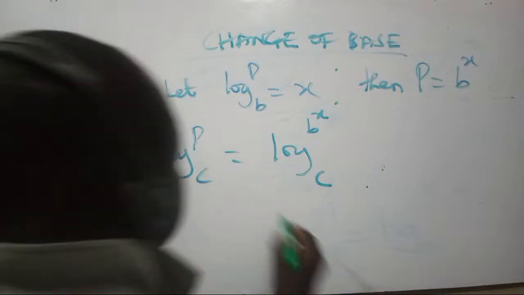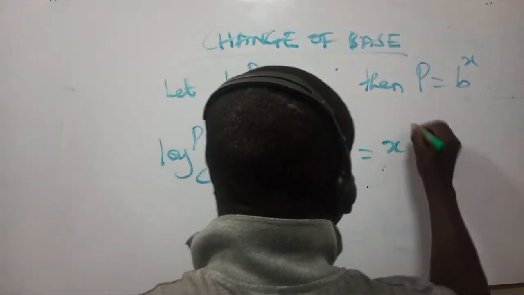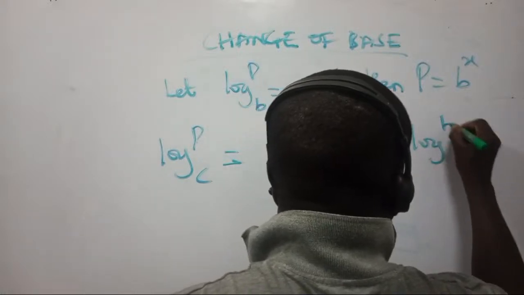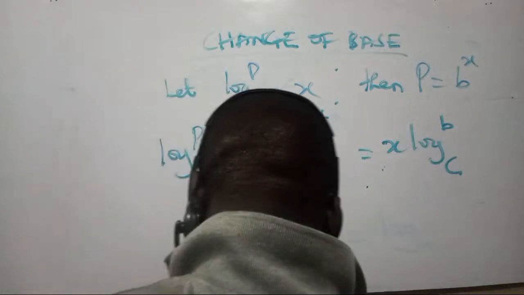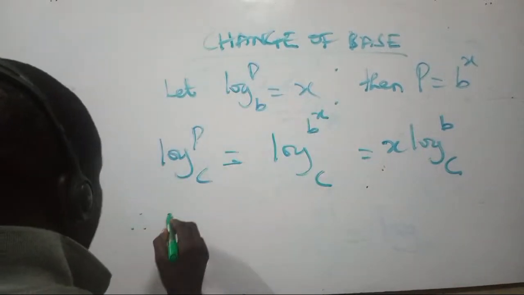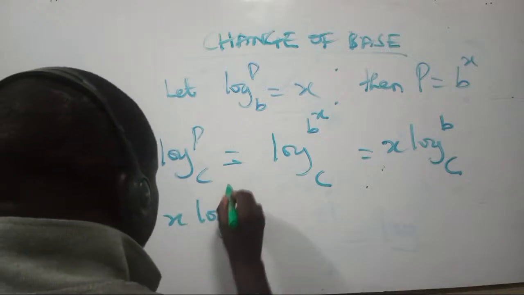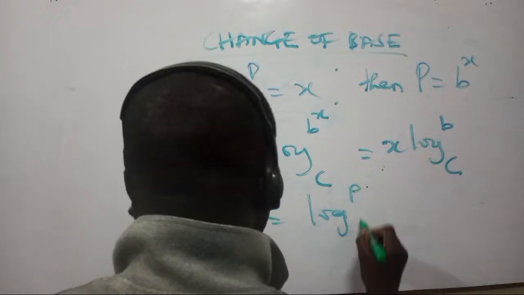Then this x can come down according to the third law: x log b base c. So I have that x log b base c is equal to log p base c.